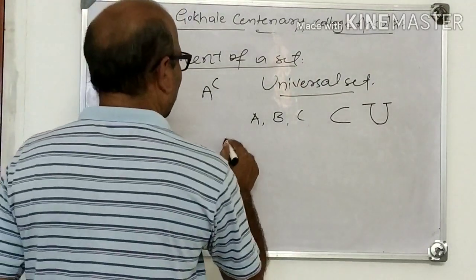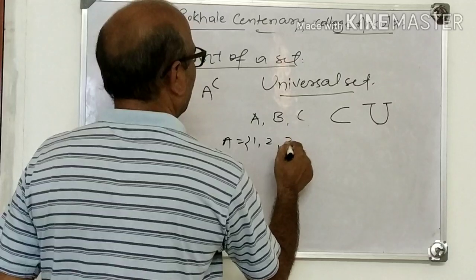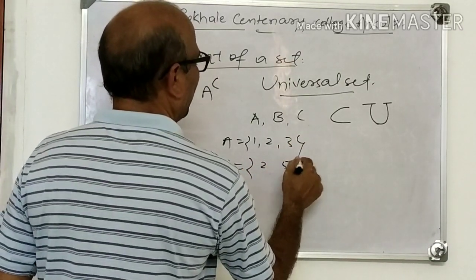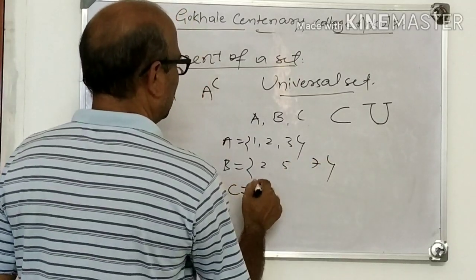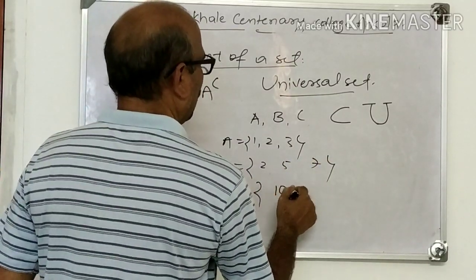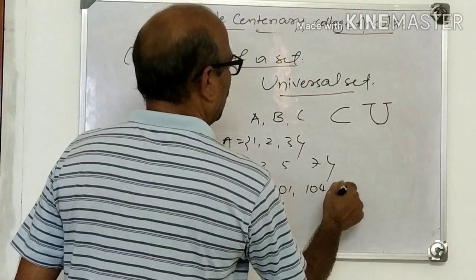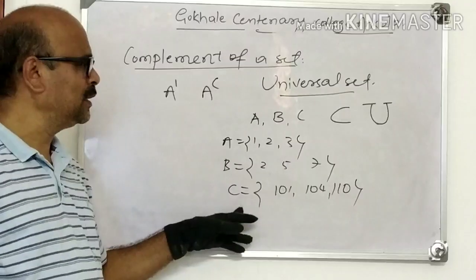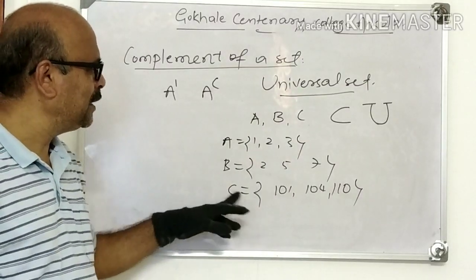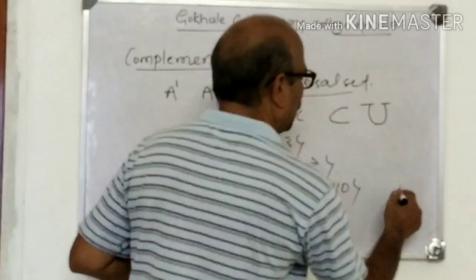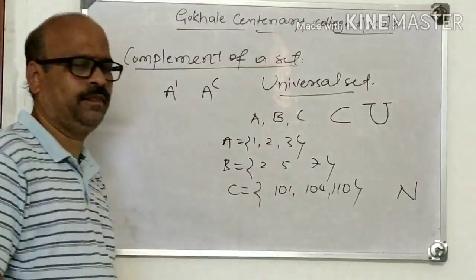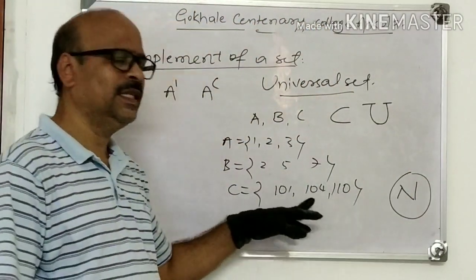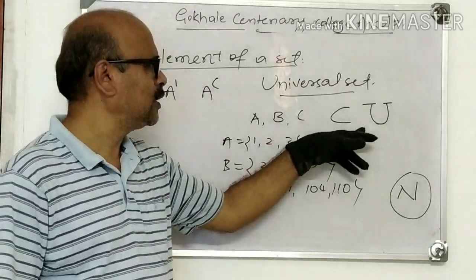For example, if we take A is equal to {1, 2, 3}, B is equal to {2, 5, 7}, C is equal to {101, 104, 110}. These are some sets which are in discussion, and all of these sets are subsets of, we can take, natural numbers. This natural number set is called universal set here in this case. So what is universal set?